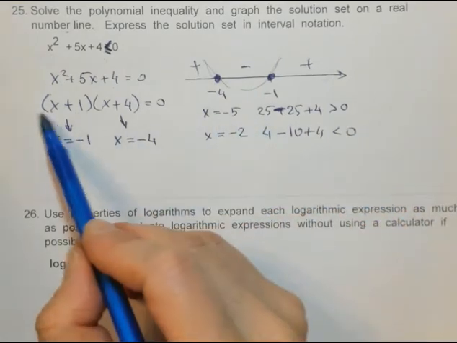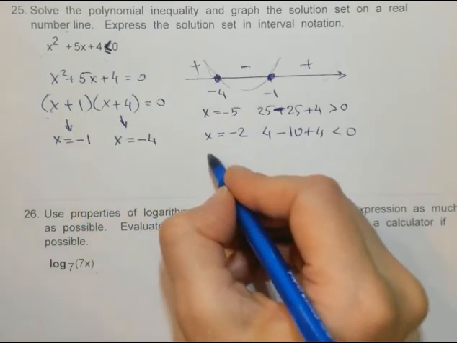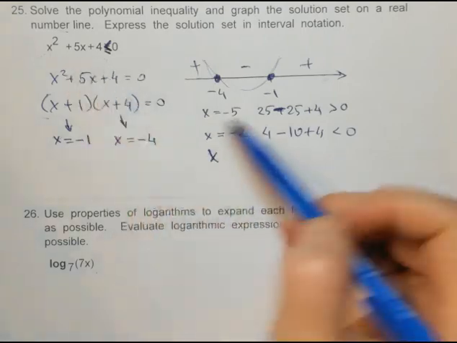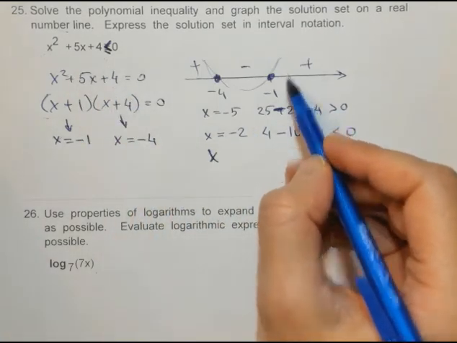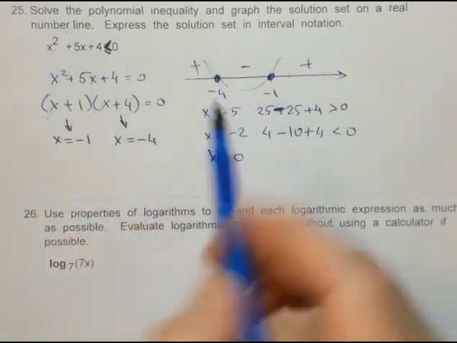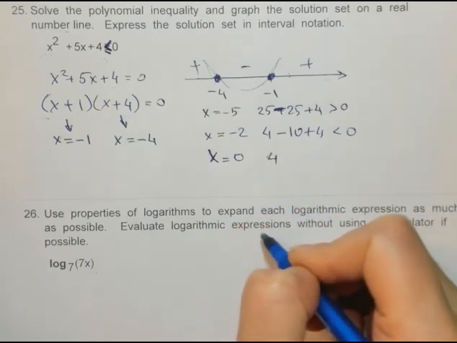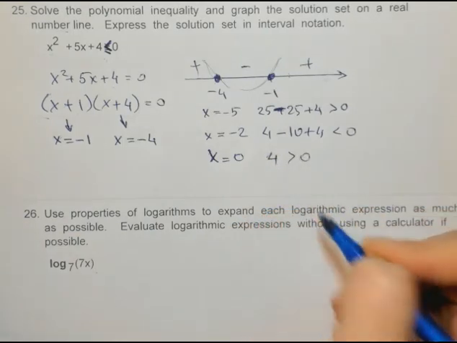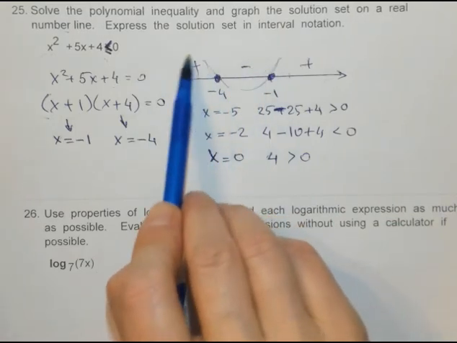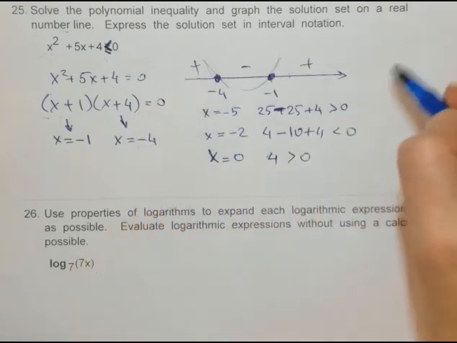It's easier to substitute in the factored equation, but we can substitute in both. And the last one, let us take 0 for the third interval. This time it is easier to substitute in the original equation: it will be 4, greater than 0. So we got the same result. It's positive, greater than 0, on the ends, and less than 0 in the middle.